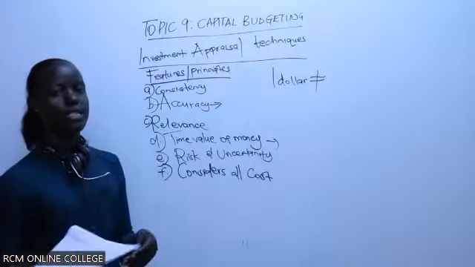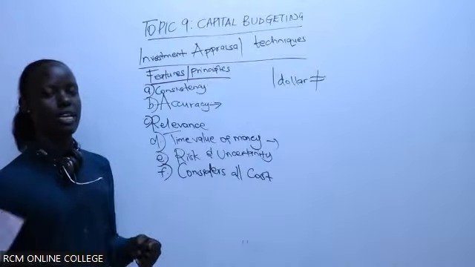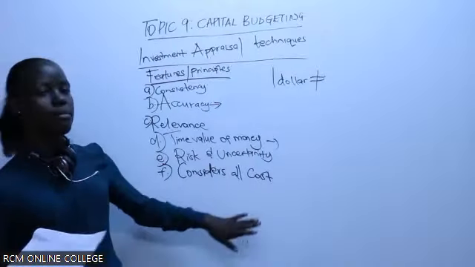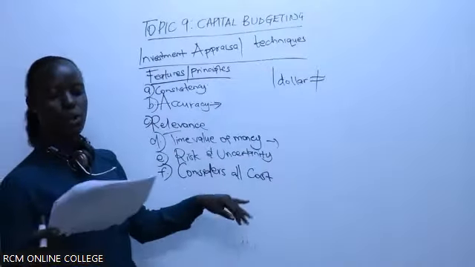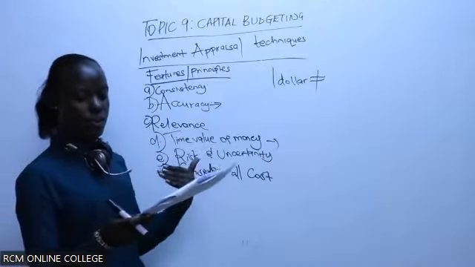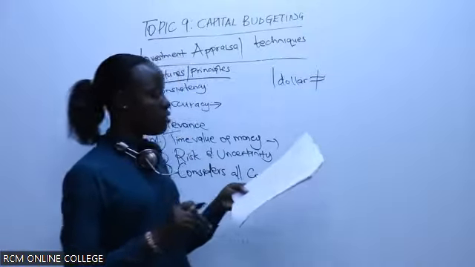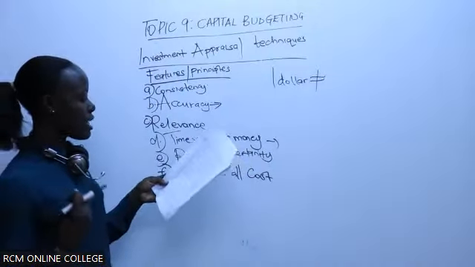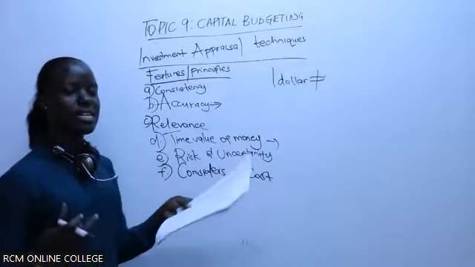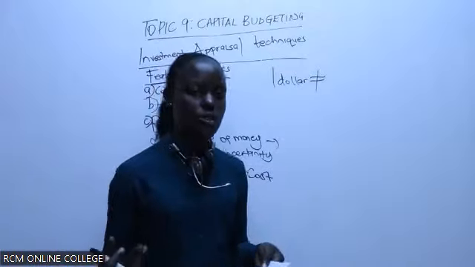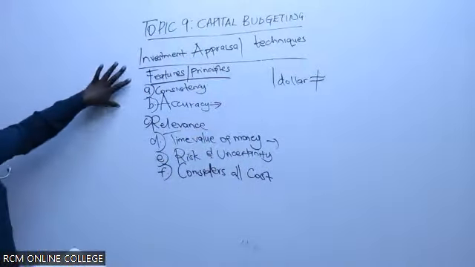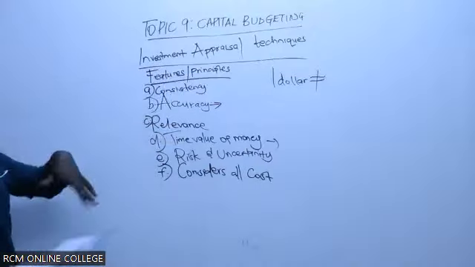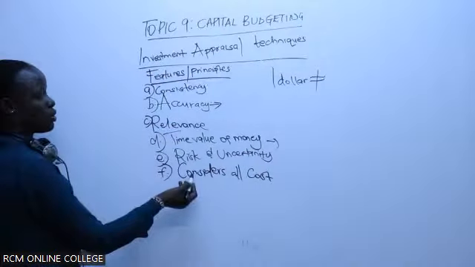If you are launching your project and you want it to run for 10 years, the technique that you choose should be able to consider all the costs over the entire useful lifetime. It should include both the explicit and the implicit costs, for instance the opportunity cost and the cost of capital associated with the project. So your investment appraisal technique should be able to consider that cost.